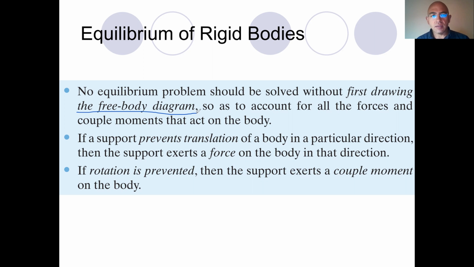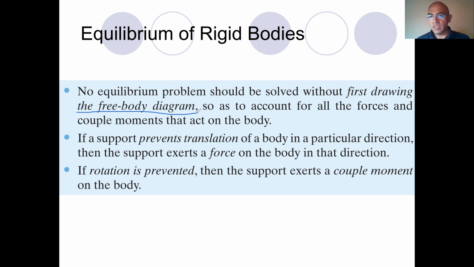Now, the second thing is we need to know a support. If a support prevents a motion in one direction, translational motion, so basically, this is a translation, and if there is a support which will avoid the motion towards the left-hand side, certainly there will be a reaction force coming from this support to this object.